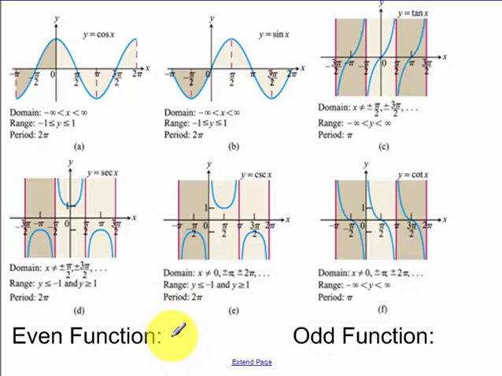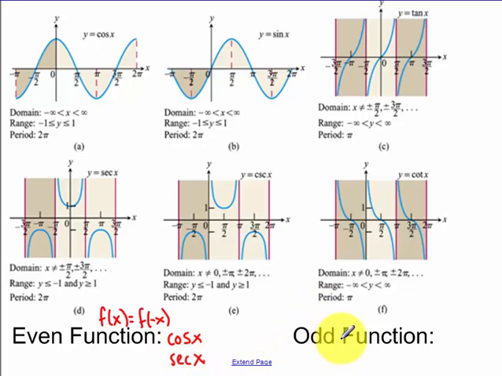Remember, even means I'm symmetric across the y-axis, which means f of x equals f of negative x. So an even function here would be cosine and the secant function.